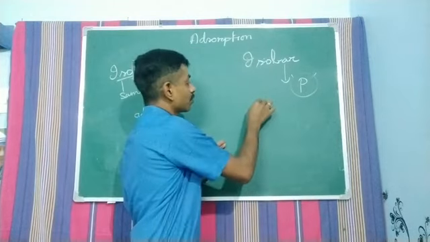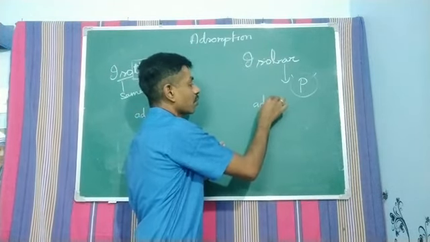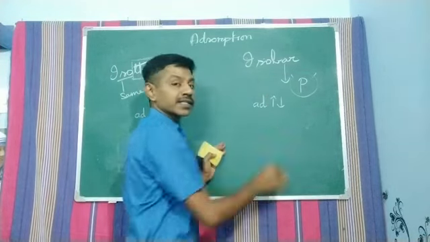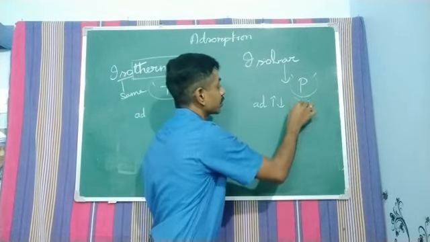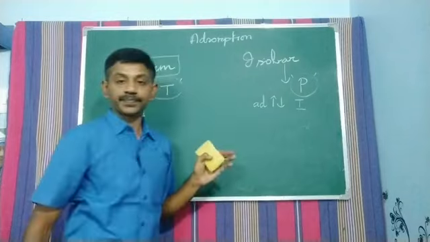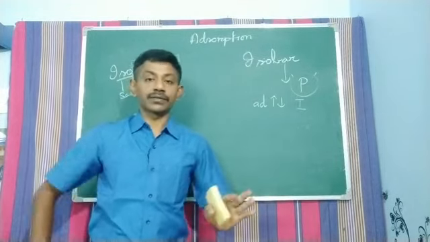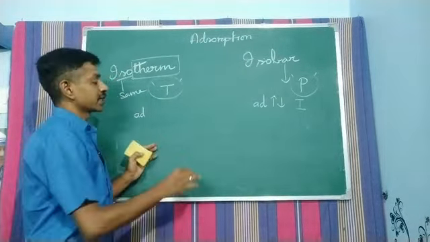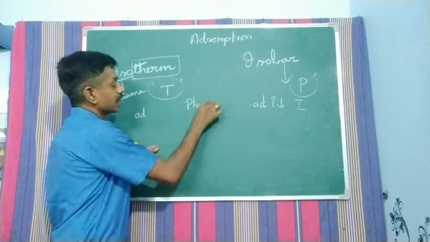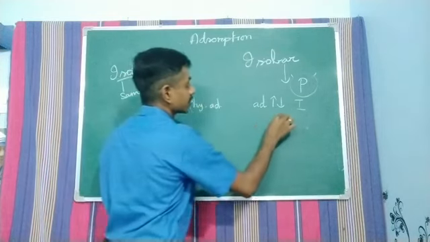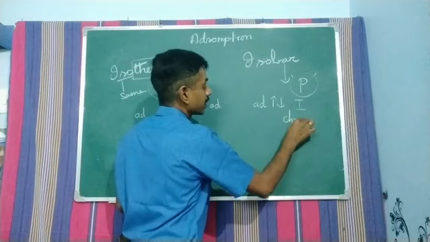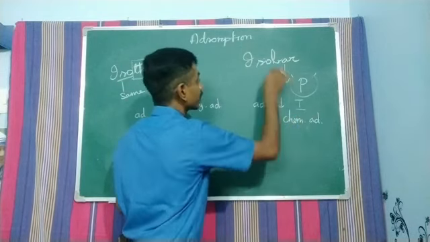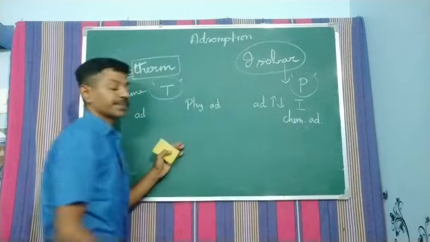Now we have to talk about the behavior of adsorption, whether it increases or decreases, with respect to the temperature. So here we are going to discuss two different conditions: what happens in physical adsorption and what happens in chemical adsorption, and then isobars.